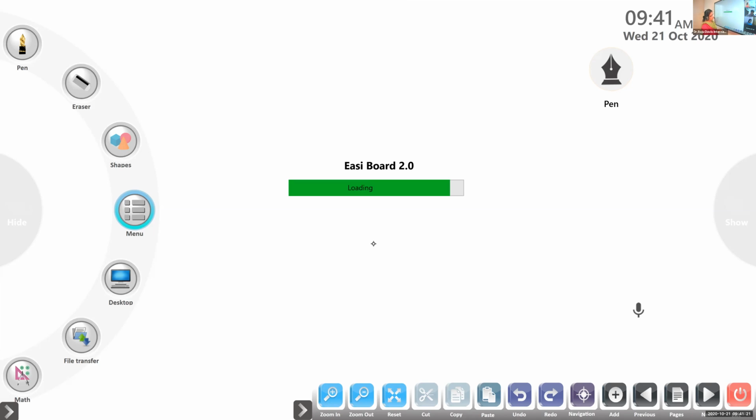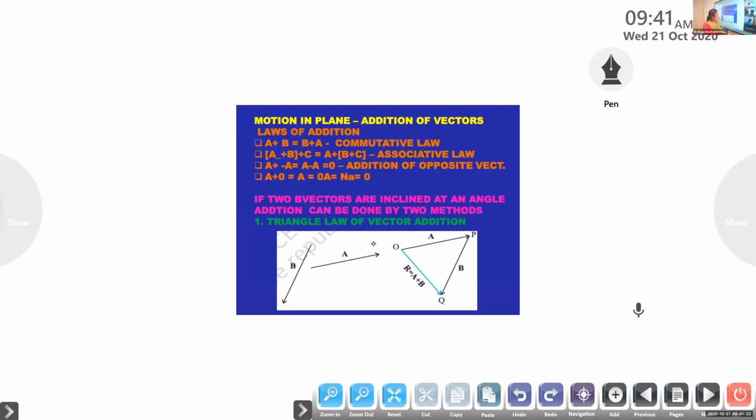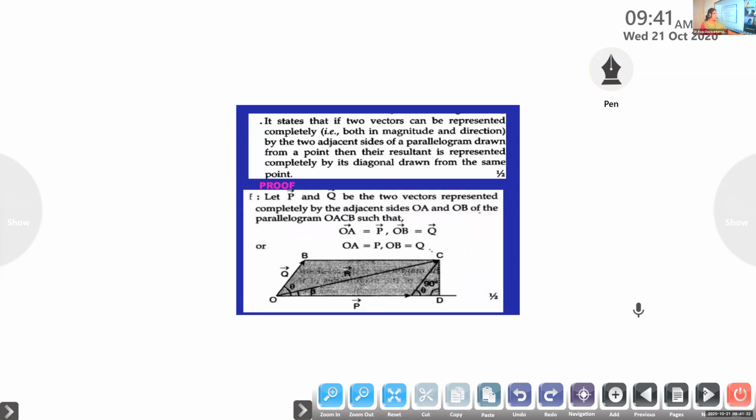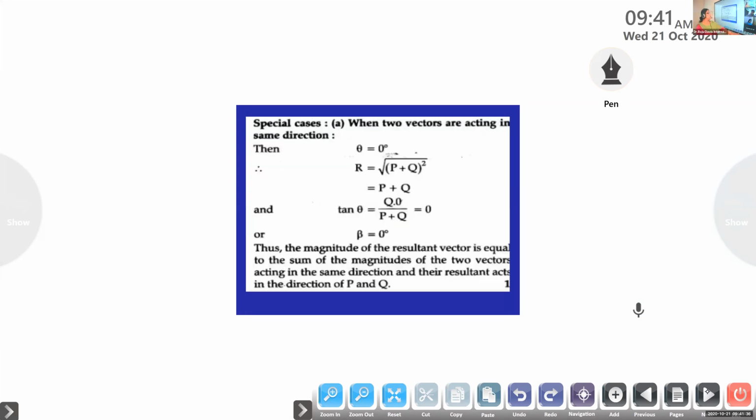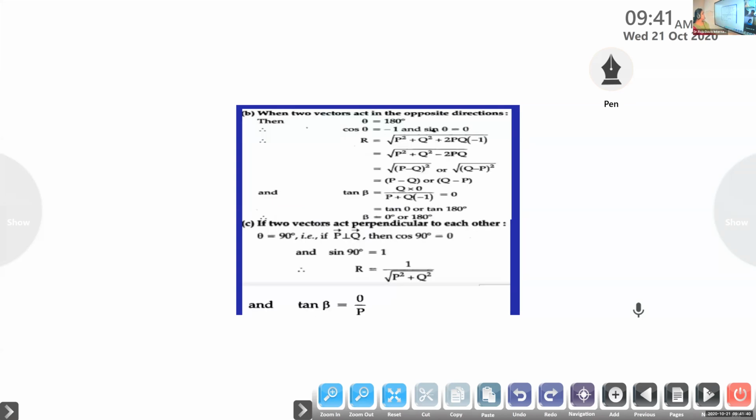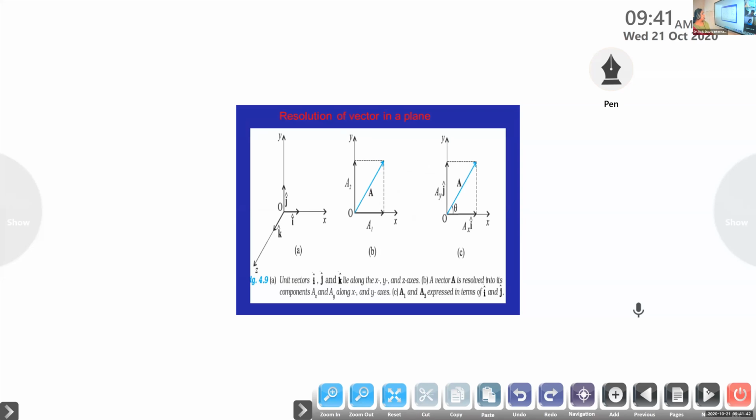In this case, doing any algebraic operations or algebraic expressions are complicated.